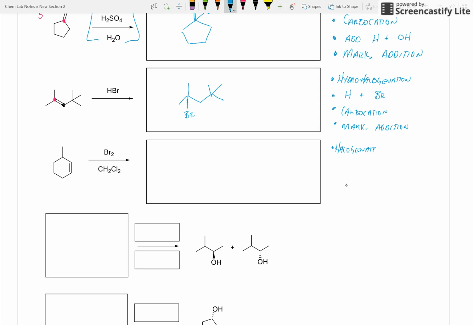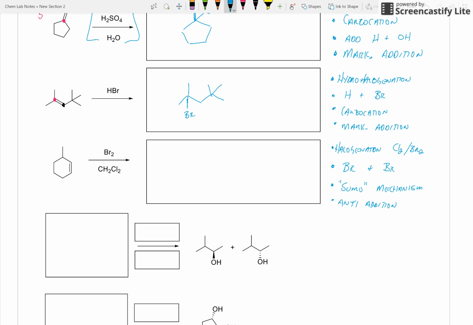Remember, whenever we see Cl2 or Br2, we're doing a halogenation. That means we're going to be adding a bromine and a bromine. This is our SUMO mechanism, anti-addition.